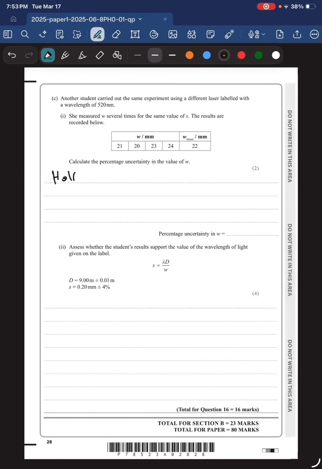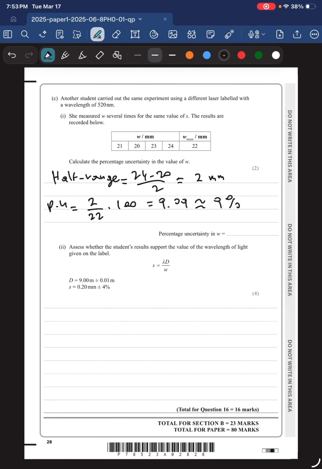So the half range, which yields the absolute uncertainty, is the extreme value, 24 minus 20 over 2, so 2 millimeters. So the percentage uncertainty is 2 over 22 times 100. This is 9.09, which is about 9%.